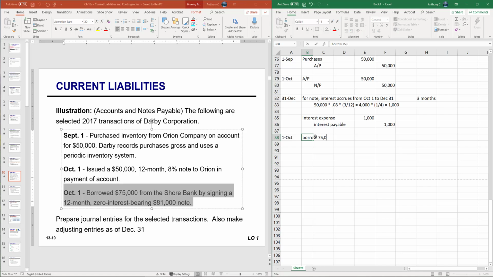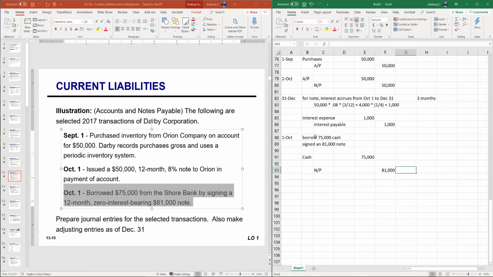We borrowed $75,000 cash, and we signed an $81,000 note. So we know we got $75,000 in cash, so we debit cash for 75 grand. We got that cash by signing a note at $81,000, so we'll credit notes payable for $81,000.